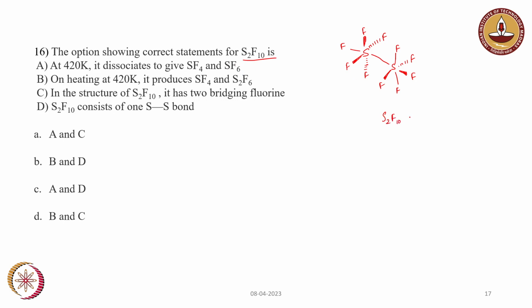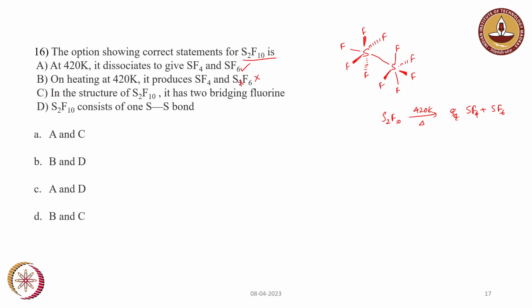S2F10 on heating at 420 Kelvin will form SF4 and SF6. So the first statement is correct. Next one is on heating at 420 Kelvin, it produces SF4 and S2F6. So the statement is incorrect because it forms only SF6, not S2F6.